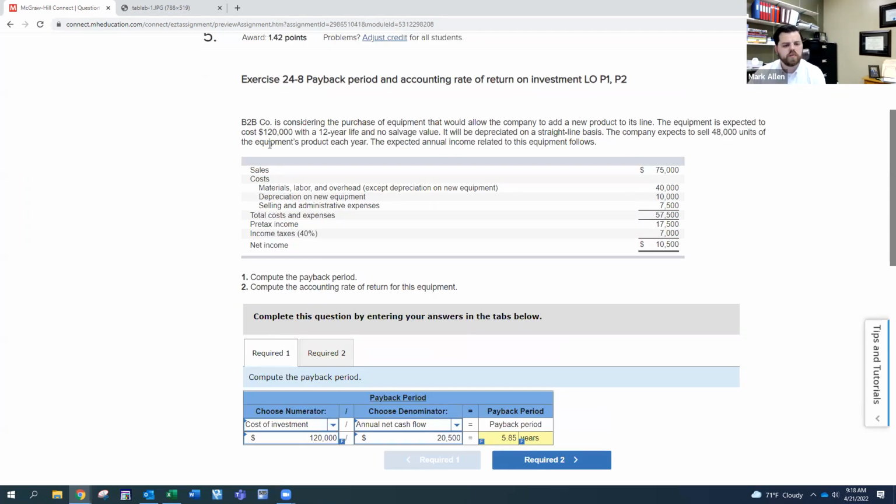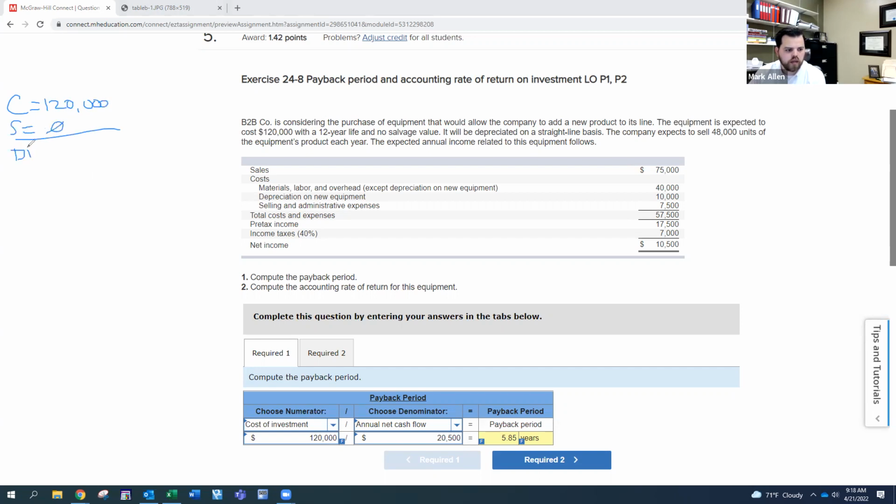So in this case, B2B company is considering the purchase of equipment that would allow the company to add a new product to its line. The equipment is expected to cost $120,000, 12-year life, no salvage. So if I'm looking at this, I'm probably just going to start writing some stuff down. Cost 120, salvage equals 0.